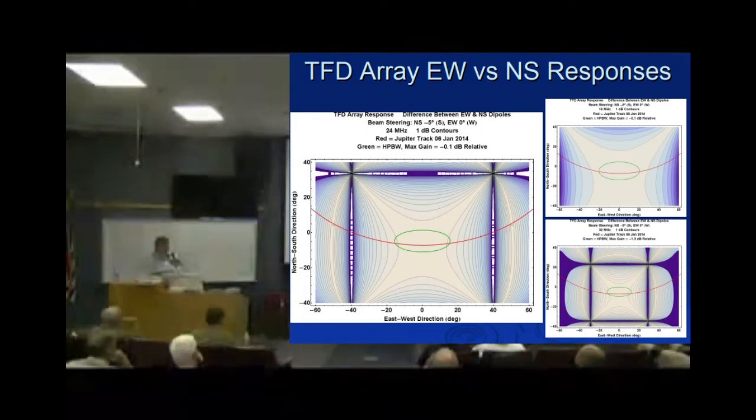This is looking up at the sky. East-west, going left and right, north-south here. Zenith is at 0, right across the middle here. This red track is the track of Jupiter at some point during the last, there it is, 06 January 2014.